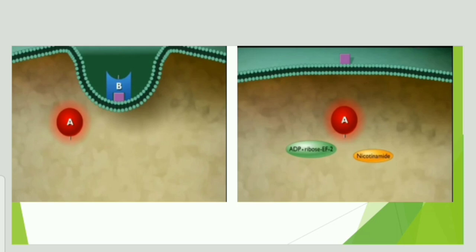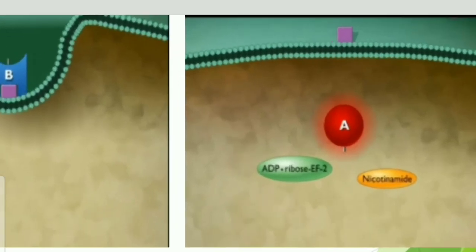The A subunit then goes to the ribosome, where it transfers ADP-ribose to the elongation factor of the ribosome. This process is called EF2 ADP ribosylation, which leads to complete inactivation of EF2, which will stop protein synthesis and cause cell death.